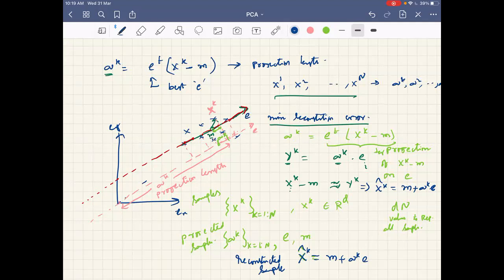Fine. So now the question here is, to represent this information, you needed D into N values.